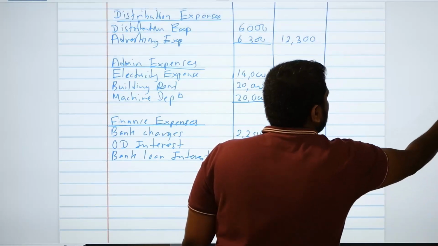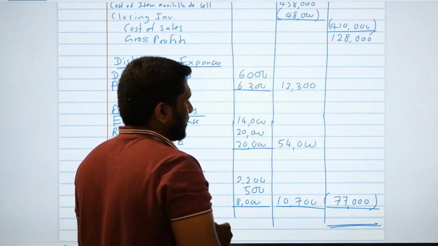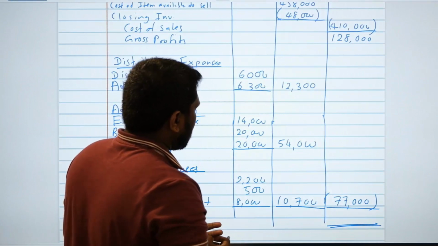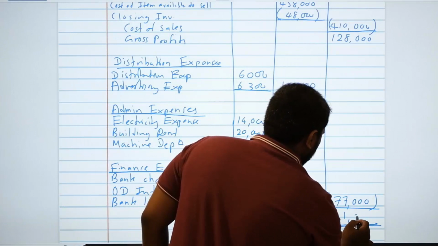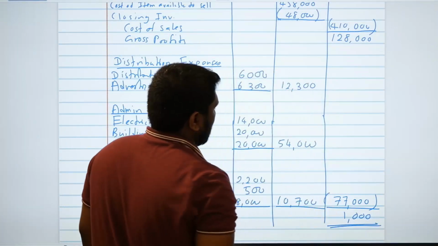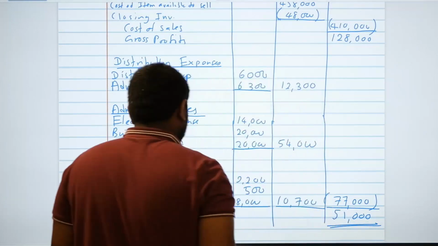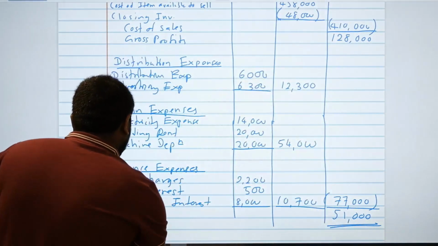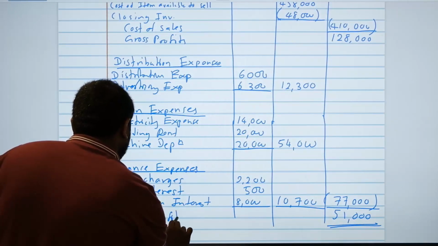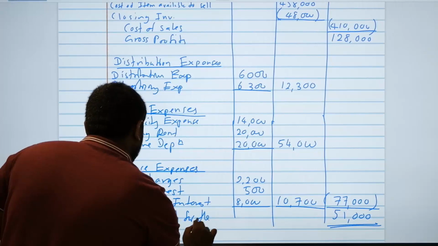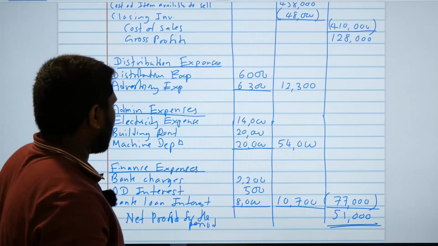Then how much is the net profit that we are getting? 128,000 minus 77,000. Here it is 51,000. This is the net profits for the period. Net profits for the period 51,000.